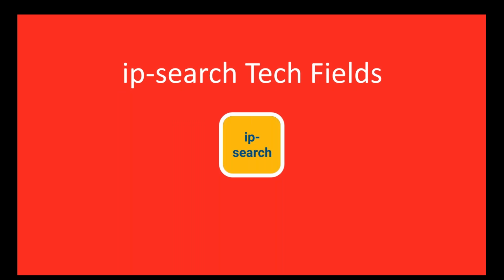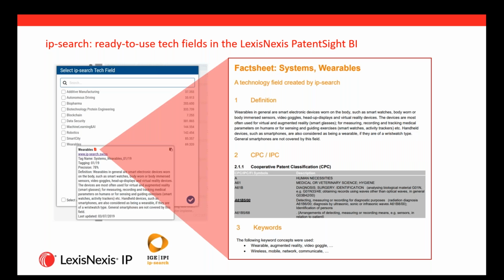If you followed our webinars before, you know this slide here. Now we're going into the IP search tag fields. So what are actually the IP search tag fields? Well, in a world where it is always more complex and technologies are more and more intertwined and connected to each other, it is sometimes very difficult to address one particular technology in an easy way.